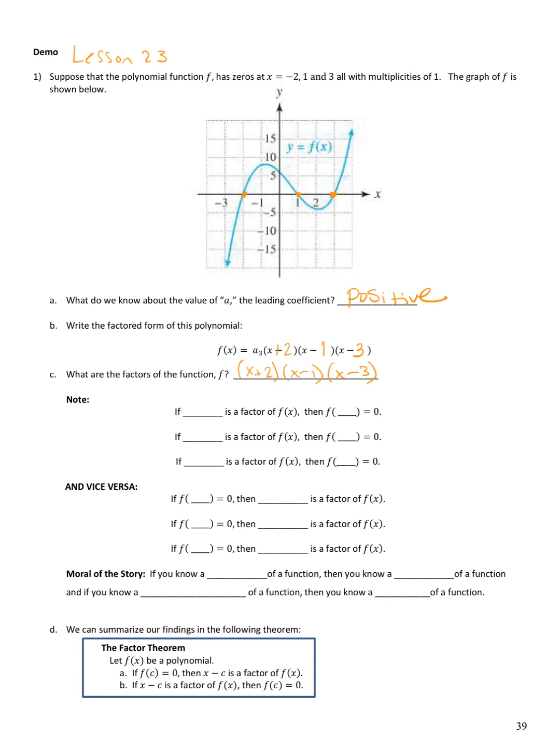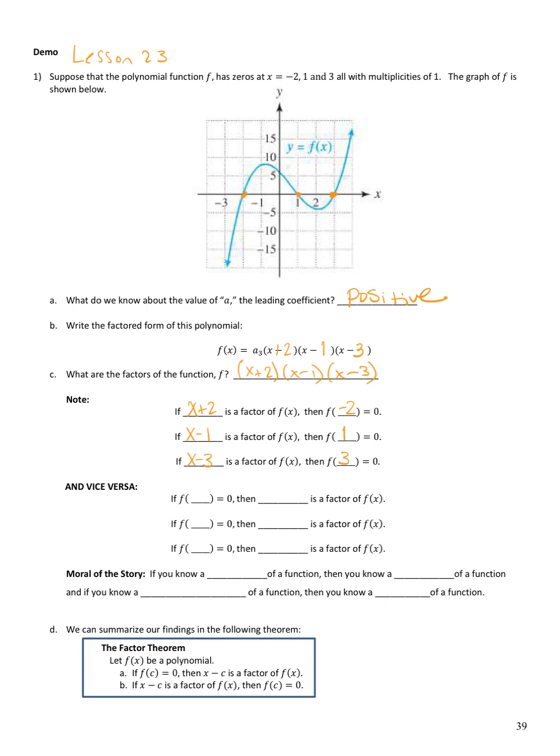Note, if x plus 2 is a factor, -2 is a 0, and the definition of a 0 means that f of -2 is 0. If x minus 1 is a factor, that means f of 1 is 0, and if x minus 3 is a factor, that means f of 3 is 0.